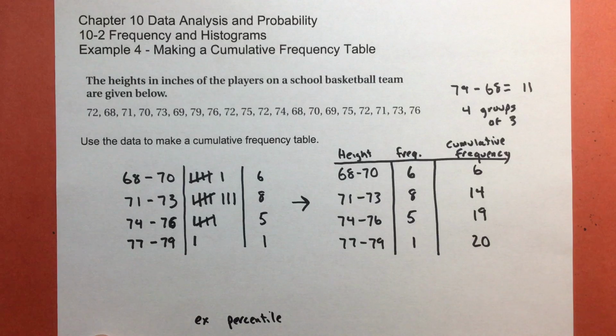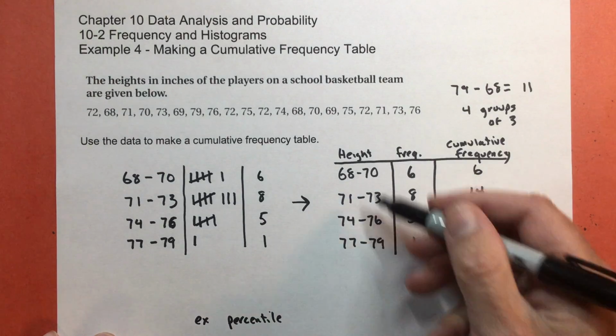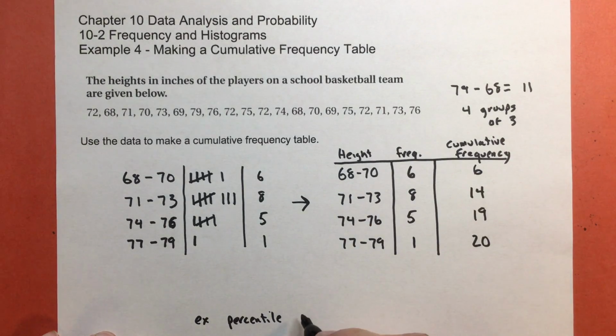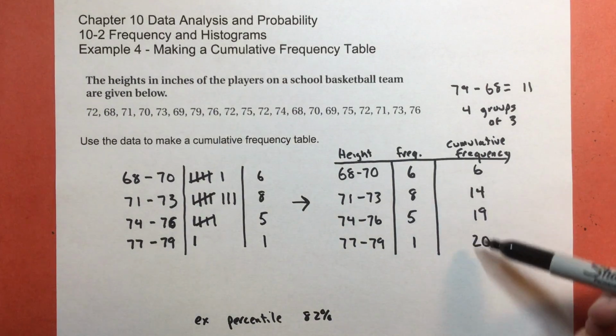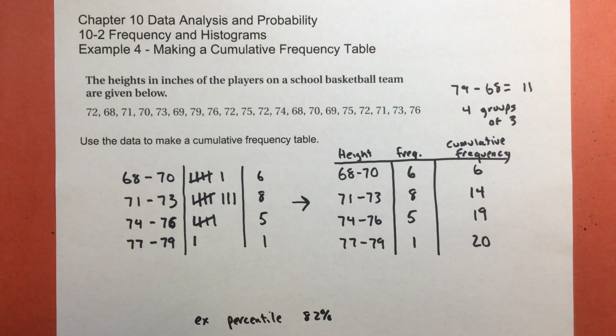If we measure a person's height and figure out where you are within certain intervals, you may end up with a percentile of maybe 82%. What that means is your height is at or above the height of 82% of the people that have been measured. And that comes from creating cumulative frequency tables. It's a little bit further along, but it does show where we're going to be headed with this.